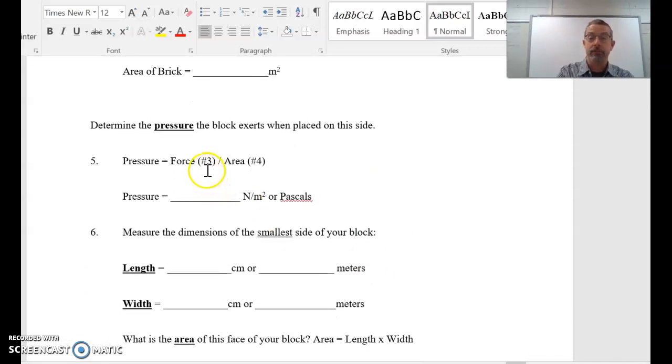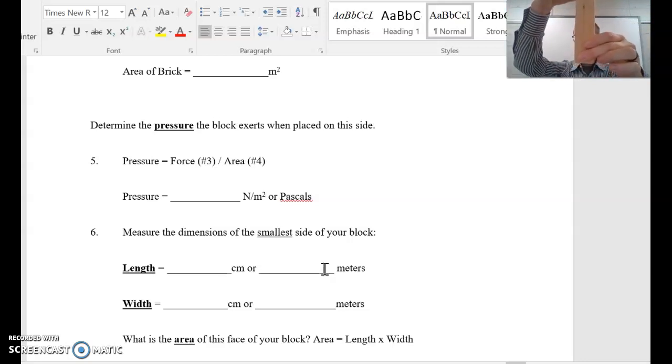Now the pressure tells you what to do there. We're going to figure out the pressure. But then let's look at the smallest side of our brick. The smallest side is a little bit different. On one, we're going to lay the block flat like this. On another, we're going to lay the block flat like this. We're going to see different amounts of pressure here.